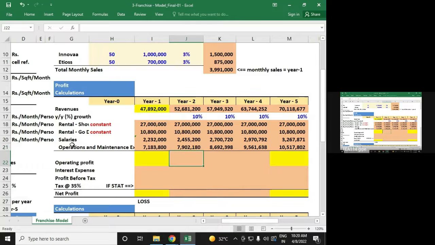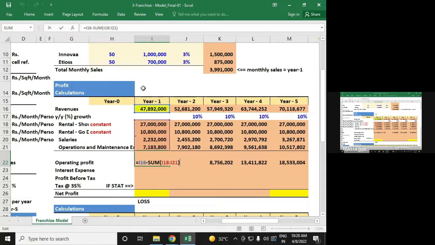Therefore, operating profit will be sales minus all the expenses. So here is the operating profit number. Everybody check. First year is 66 lakhs 76,000, and last year is 1 crore 85 lakhs.